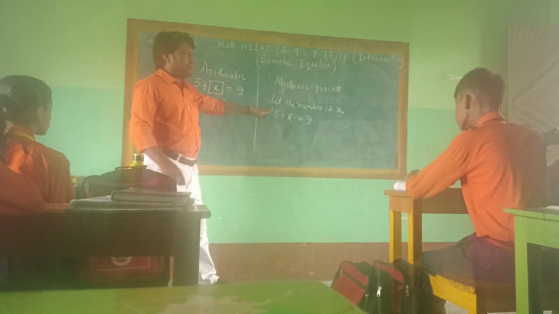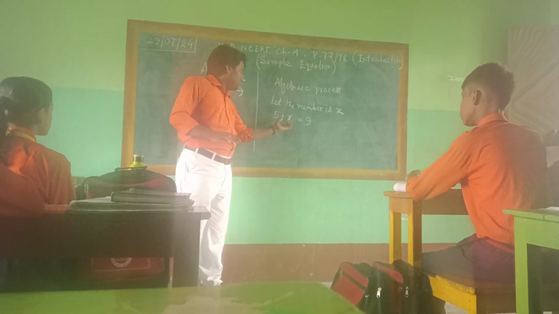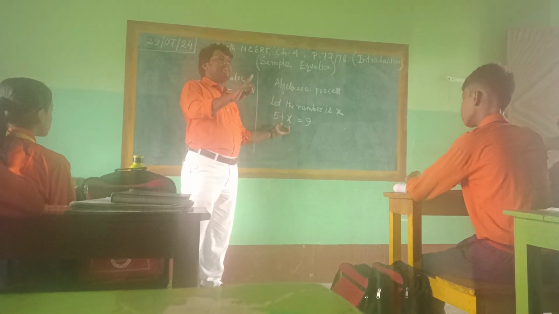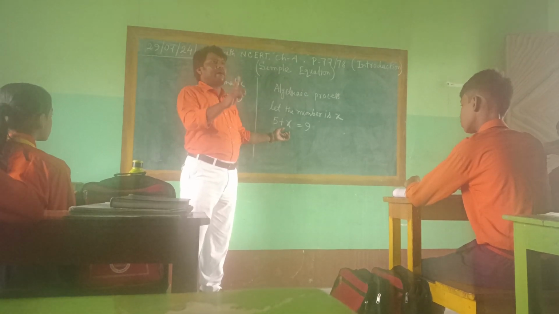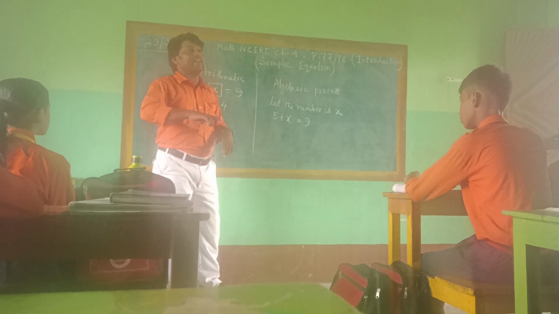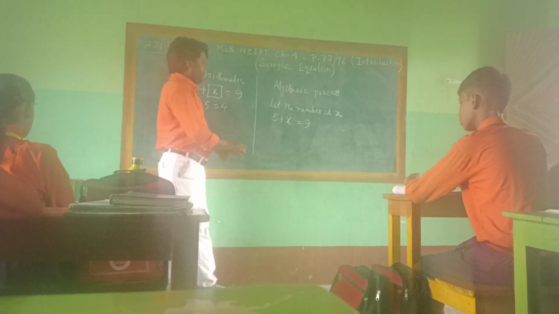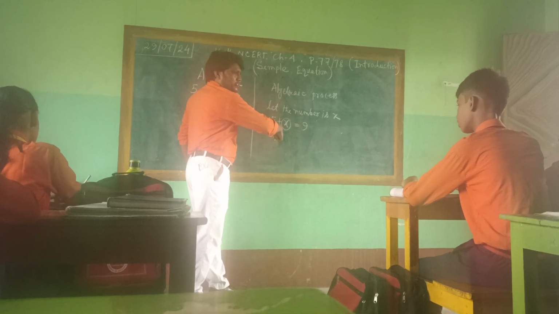So how will you calculate? That is another topic: how to find out the value of x? There are two processes: number 1 eliminating, number 2 transposing. We generally use the transposing method. To find the value of x, x will remain on the left side.